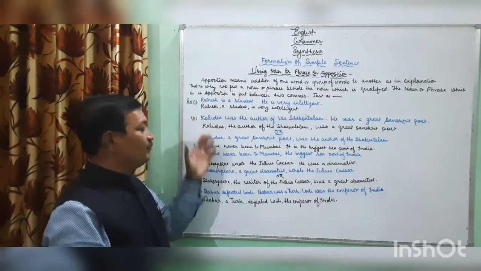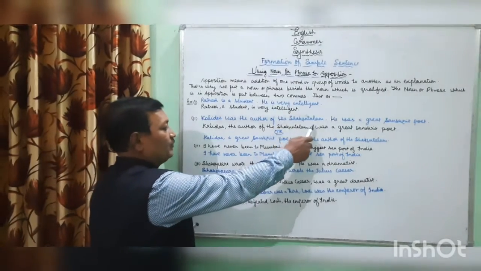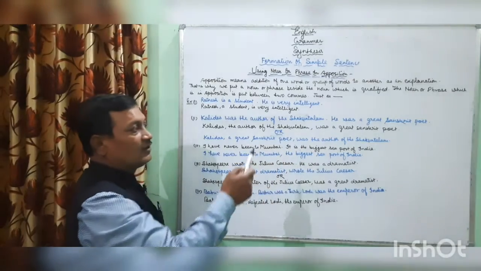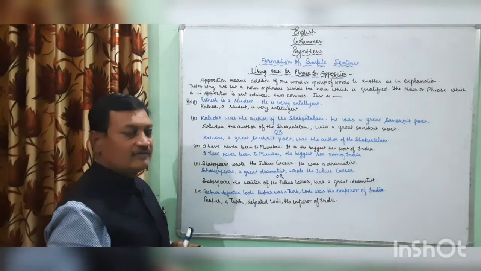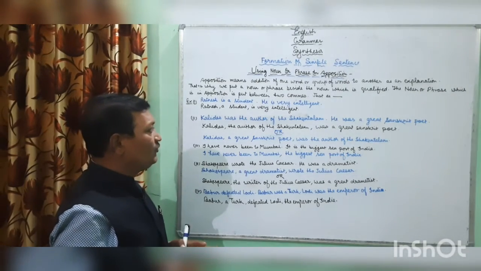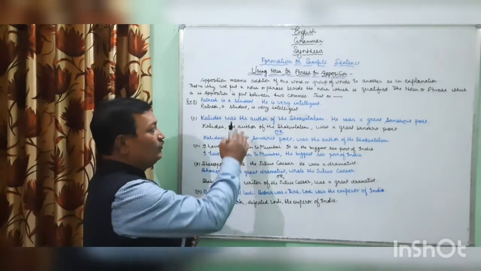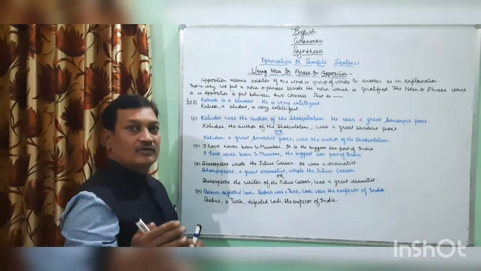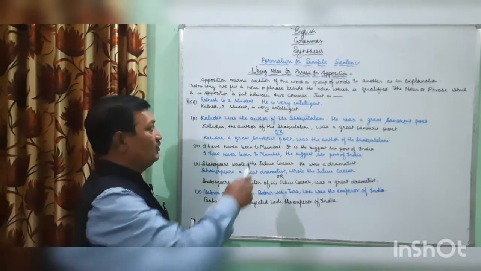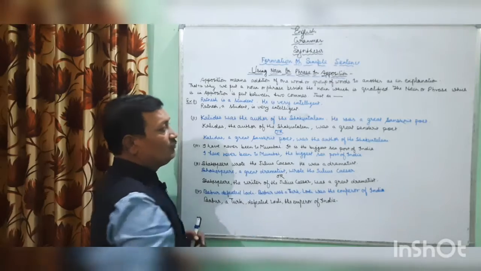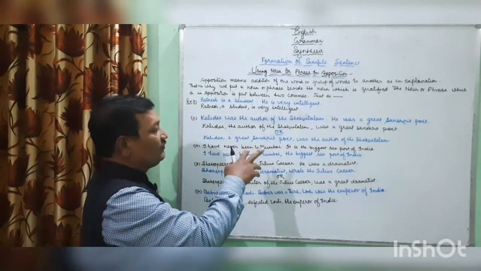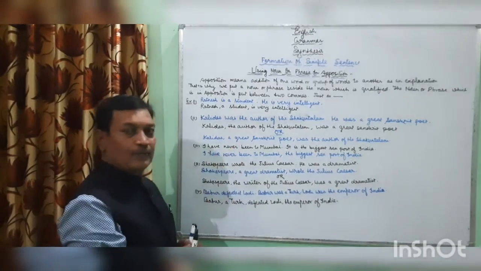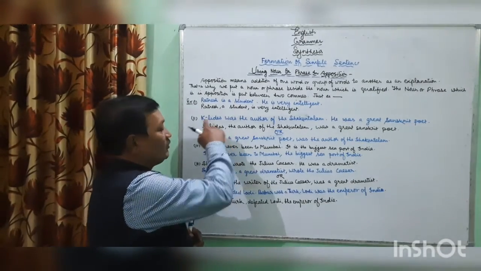Let's see other examples. Kalidas was the author of Sakuntalam. He was a great Sanskrit poet. Let's combine the sentences. Students, we should know that both the sentences have phrases. The author of Sakuntalam, a great Sanskrit poet. And both the phrases qualify the noun Kalidas.